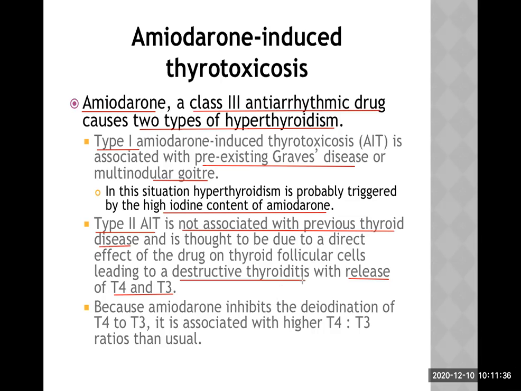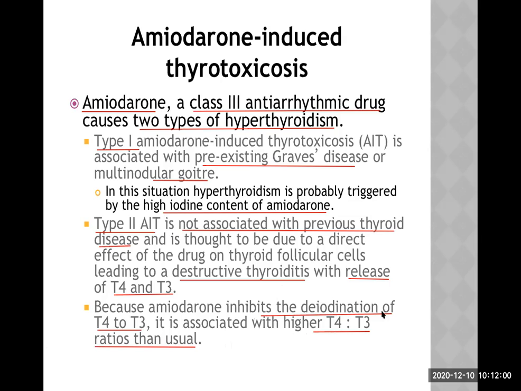So this is also causing a transient type of hyperthyroidism. Now, one more function of amiodarone also exists. It inhibits the deiodination of T4 to T3 in the peripheral tissue. So it is associated with a higher T4 to T3 ratio than the usual patient. Just remember this.